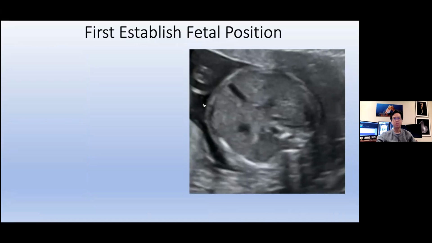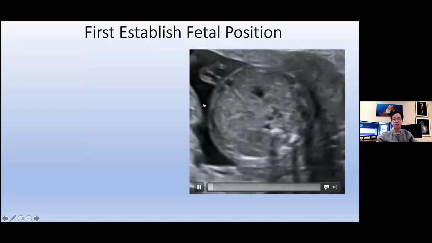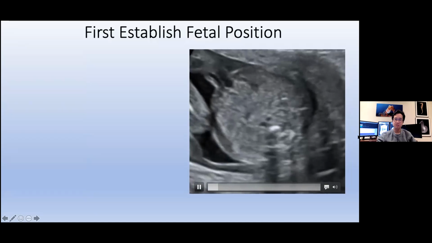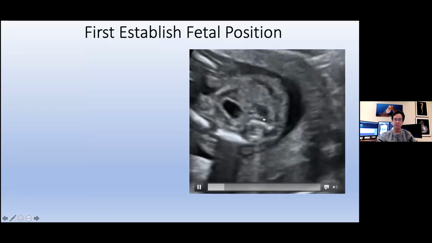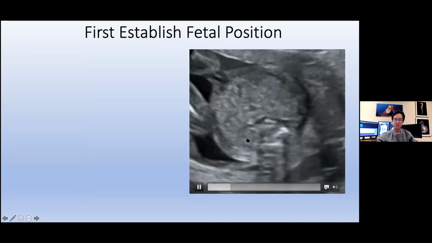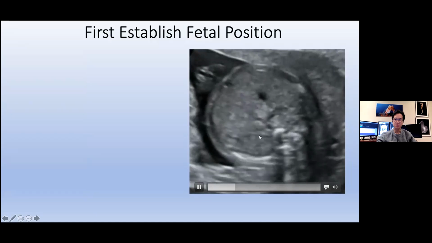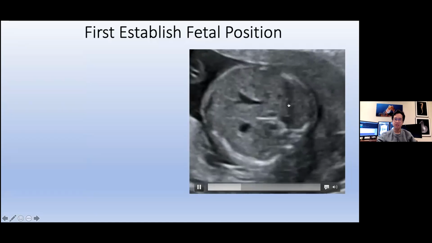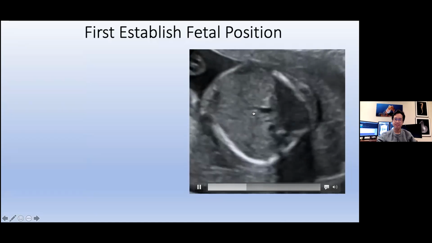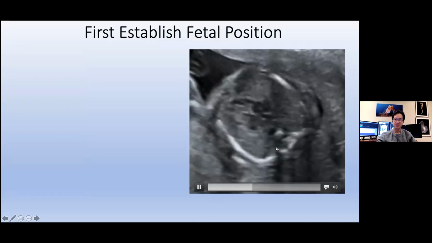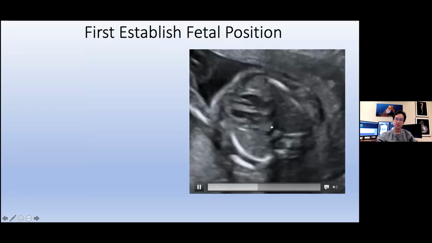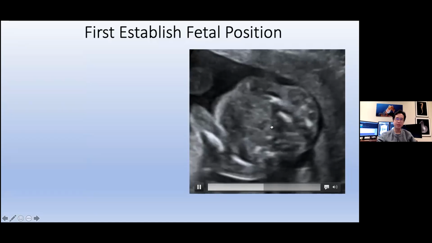Okay, so you need to establish the position of the fetus, right? We've seen this a few times now. You scan through, quite a slow sweep. There's the umbilical vein. There's the heart, okay? So now you understand, well, is this heart pointing the wrong way?